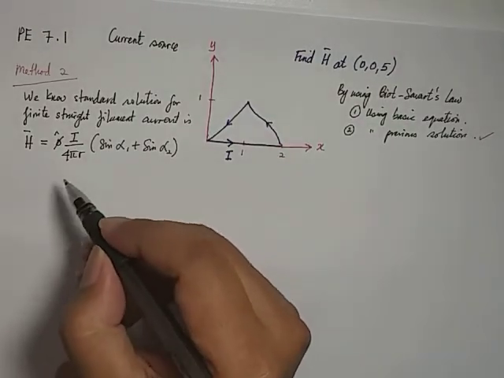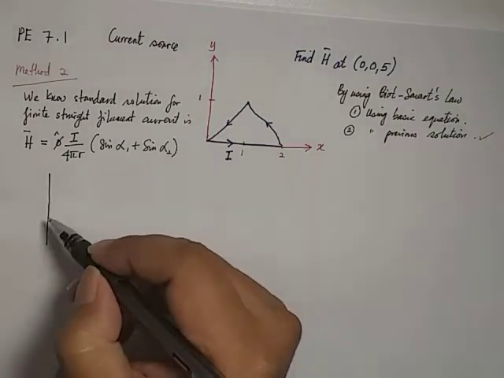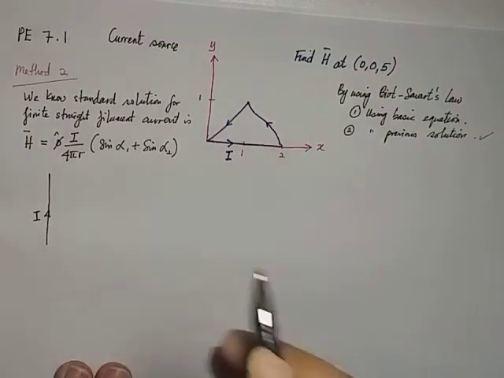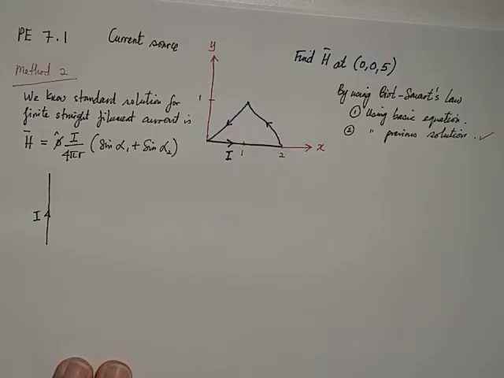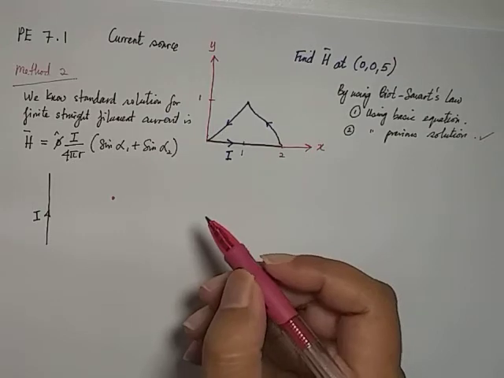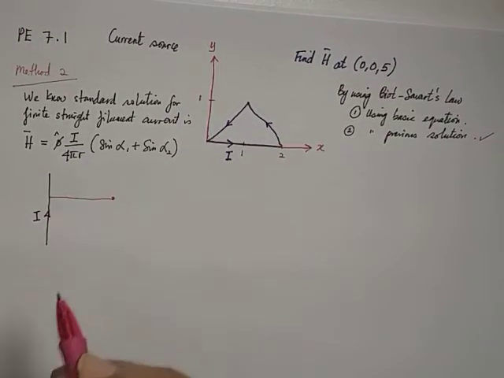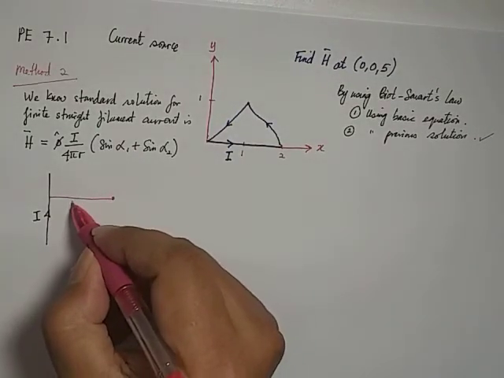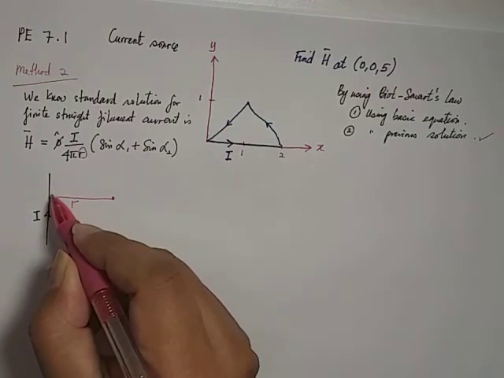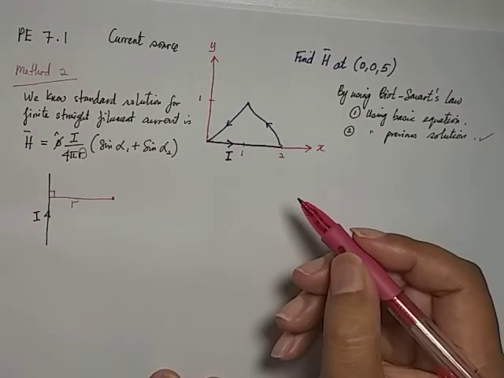The standard diagram that we should refer to has this as our source, flowing from bottom to up, and then I'm going to draw my triangle. Let's say this is the point where I want to find my H. What I have to define first is this particular line, which defines our r. This line makes an angle of 90 degrees to the current source.